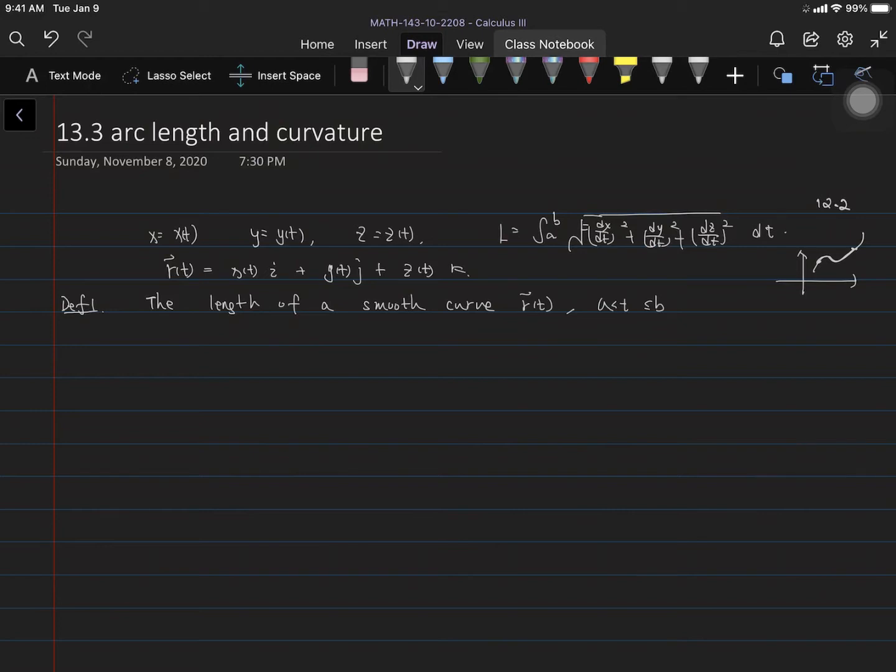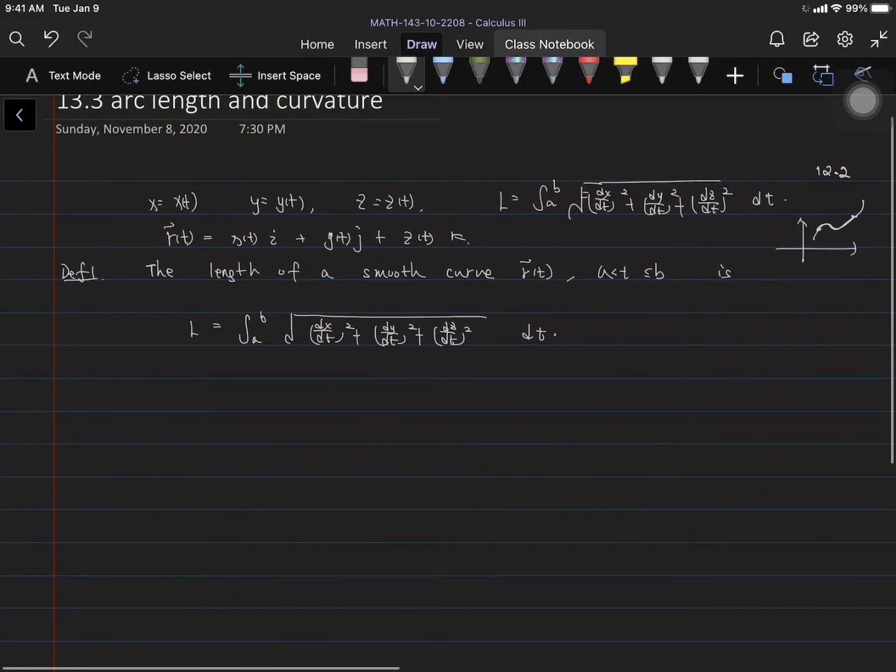The length of a curve equals the integral from a to b of the square root of (dx/dt) squared plus (dy/dt) squared plus (dz/dt) squared, dt. But now we are going to write this in another way.